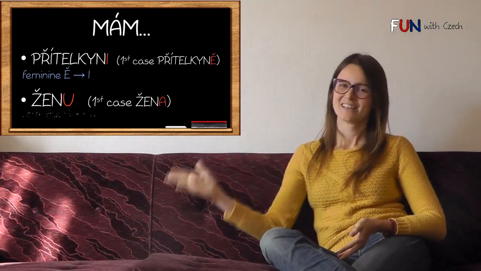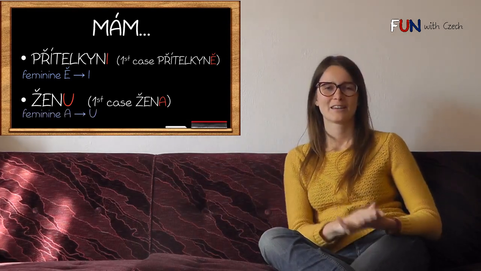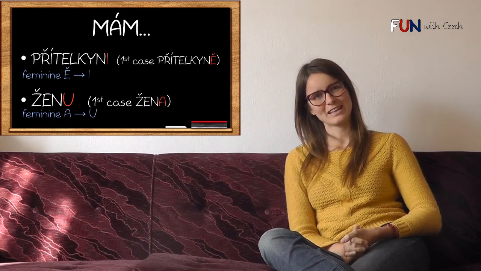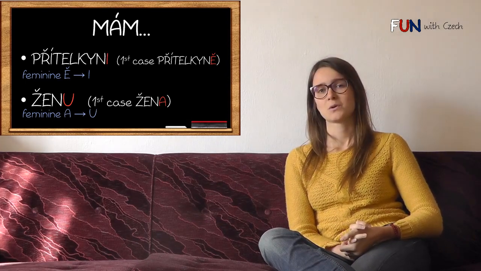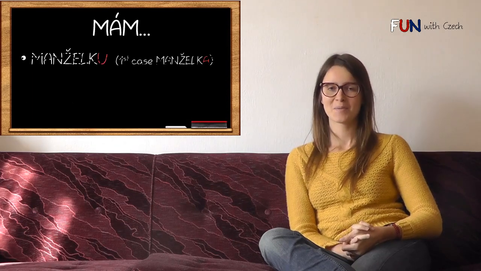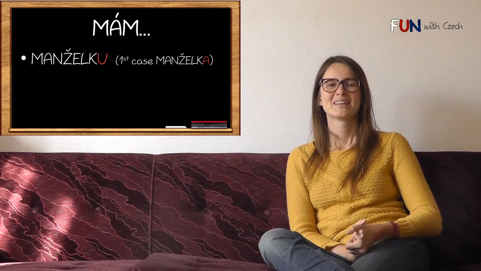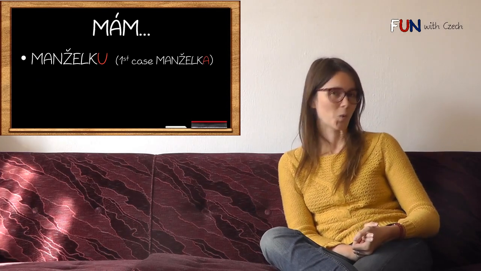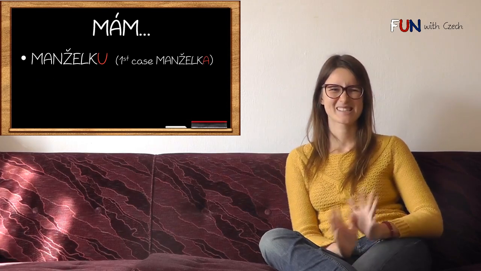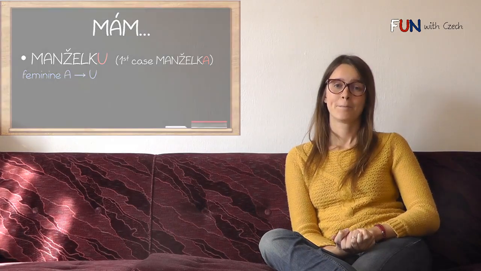Sestra, yeah. Sestra, šunka, žena, all of them, and in the fourth case, so mám ženu. And in a similar way, it will also work for manželka, which is the main word for wife. So mám manželku. So that's just some little examples for the verb to have.